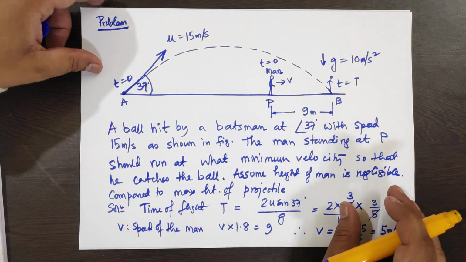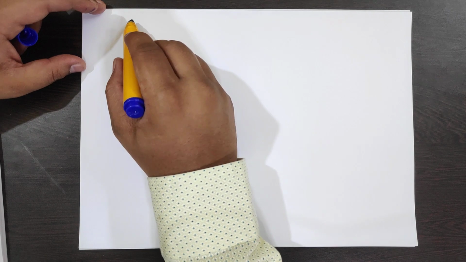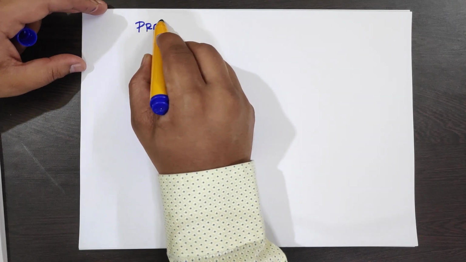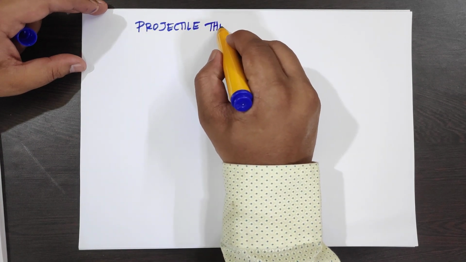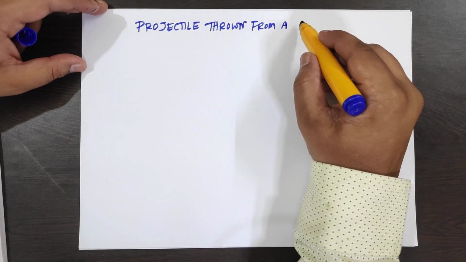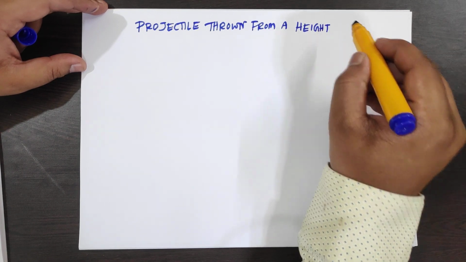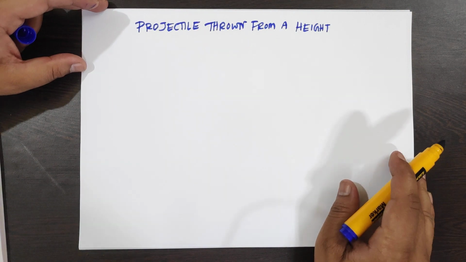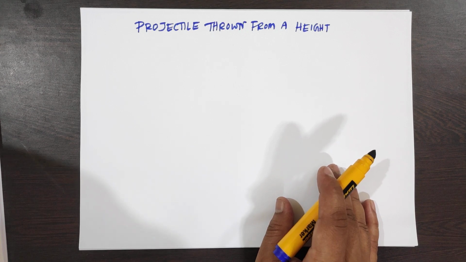Now let's learn about a new thing: projectile thrown from a certain height. We will have one more video where we will show you how to solve problems on all these subtopics: projectile ground to ground, projectile thrown from a height, projectile thrown on an inclined plane.